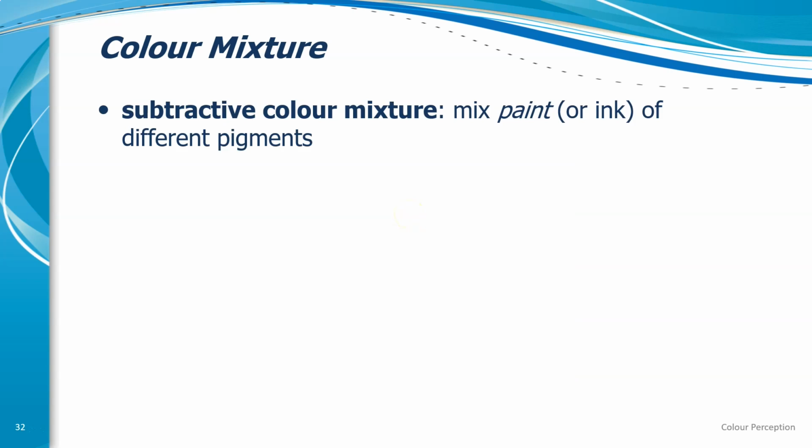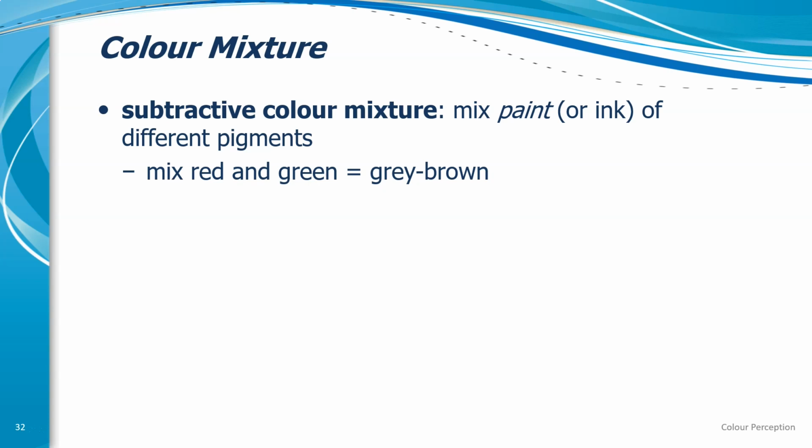The other way of putting color together is called subtractive color mixture. We're taking away colors. This one is actually a bit trickier to understand. The metaphor is that you're mixing paint or maybe ink together, each paint having different pigments. So if you've ever done finger painting, I have fond memories of doing finger painting as a kid.